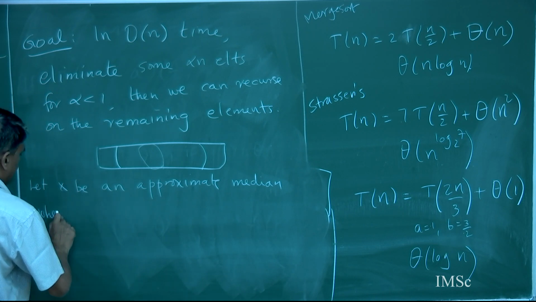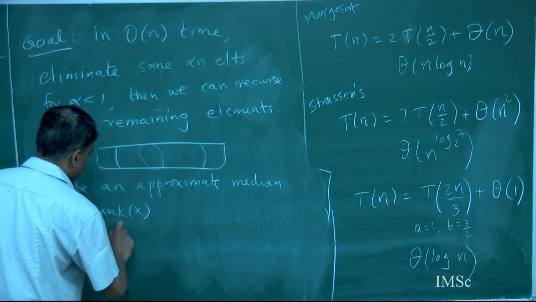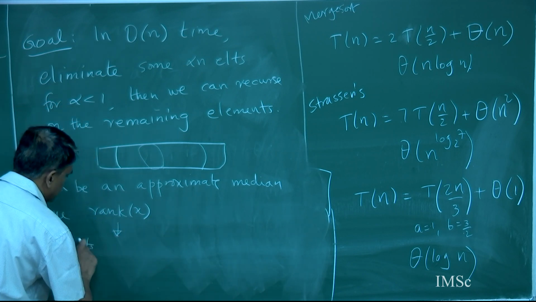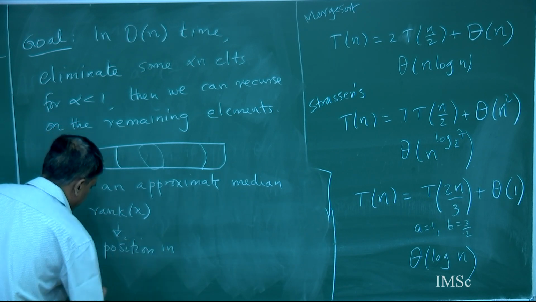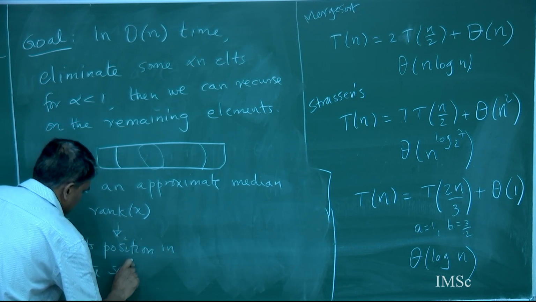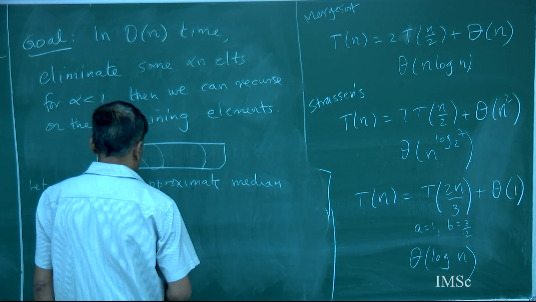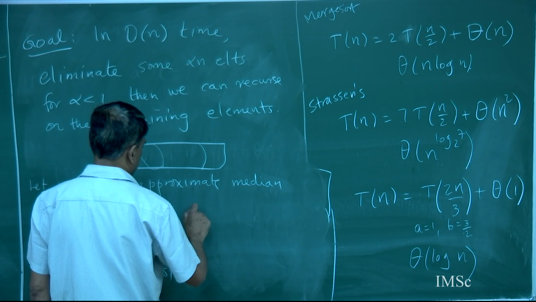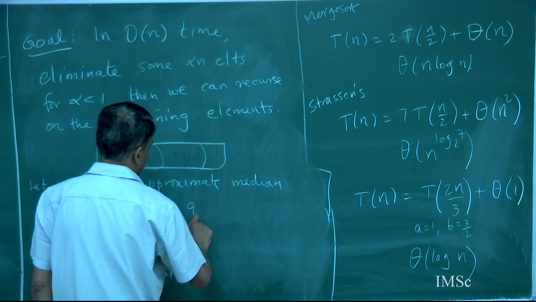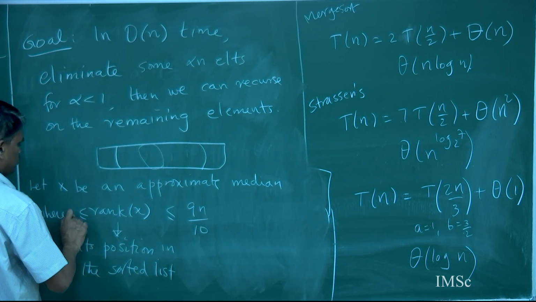An element x where the rank of x, that is, its position in the sorted list, is less than or equal to some 9n by 10 and greater than or equal to n by 10.